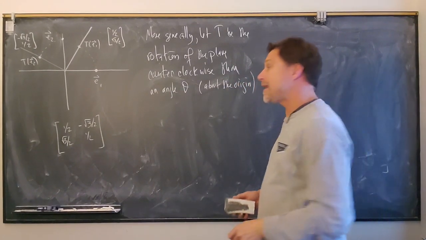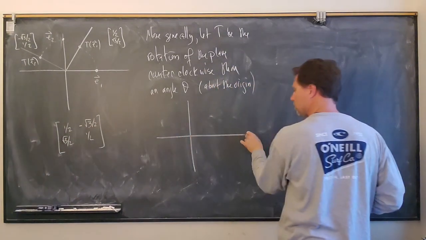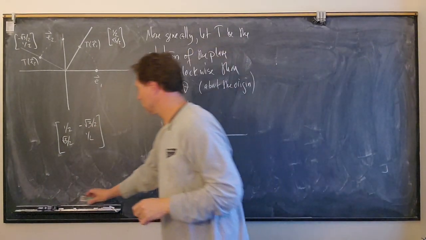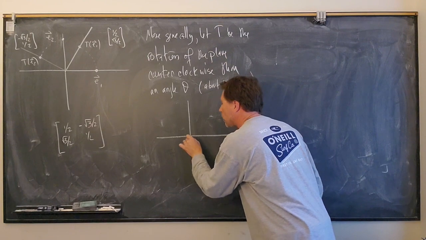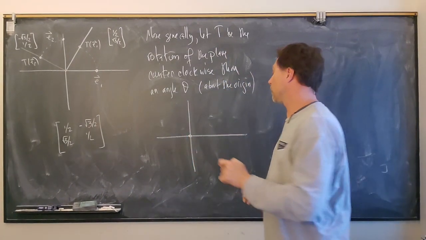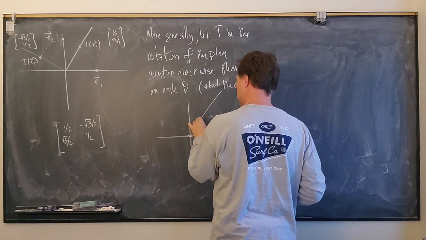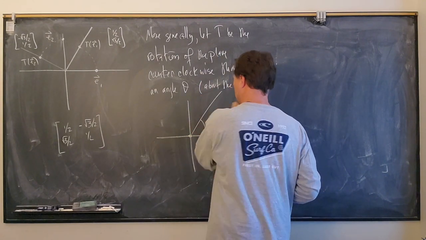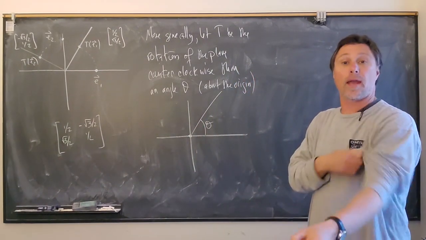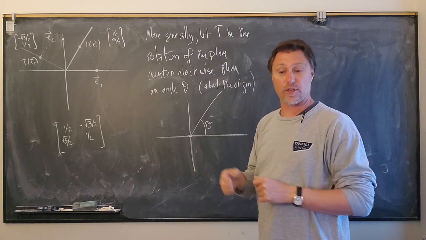Okay, so now the picture is going to look similar. We're rotating about the origin, so every point in the plane gets rotated through an angle of theta. So let's just mark that. There's an angle of theta. And our goal is to find the standard matrix for this transformation right here.